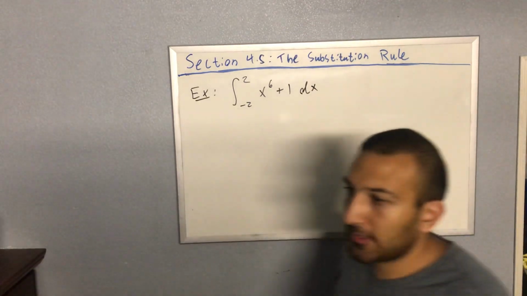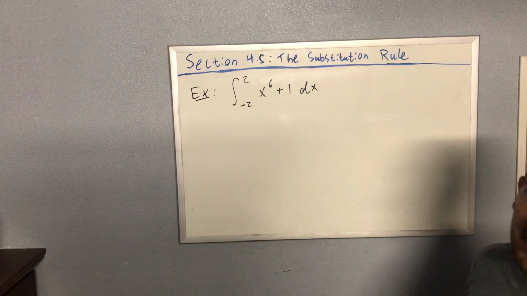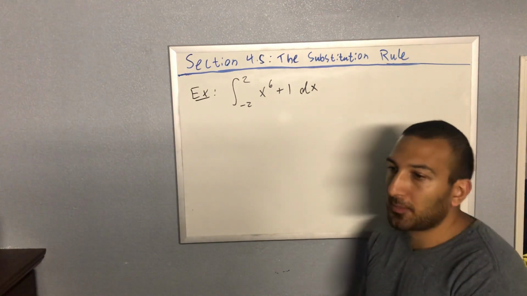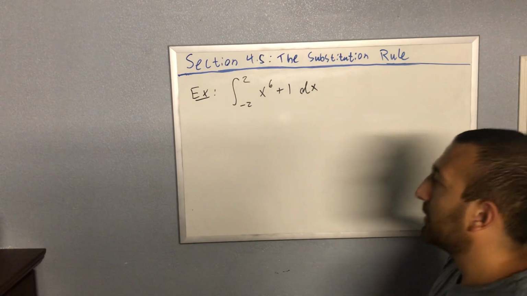Okay, so immediately, anytime you have a symmetric interval, you want to think, okay, maybe I can exploit this property. So let's see whether this function is even or odd.